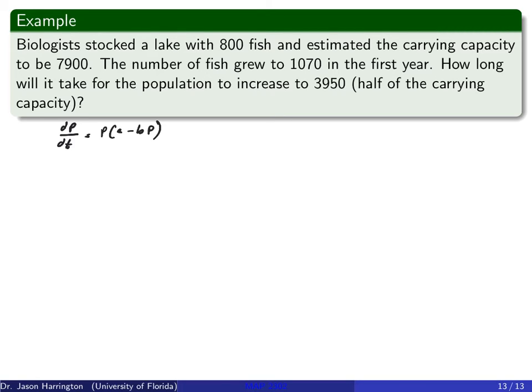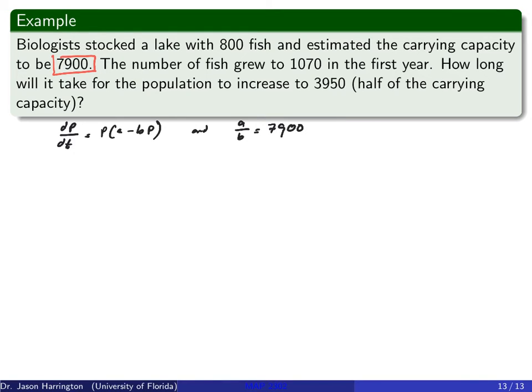And certain things are just given to us right off the bat. Like in this case, it's interesting that they gave us the carrying capacity, which is 79,000. So we know that we're going to have a over b, and we have a divided by b is just equal to 79,000.